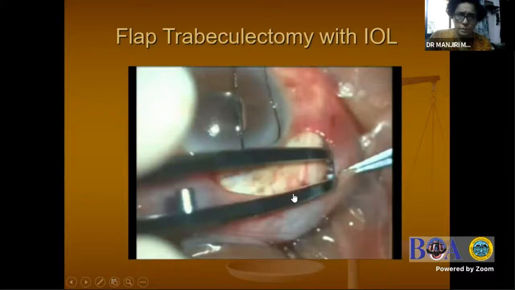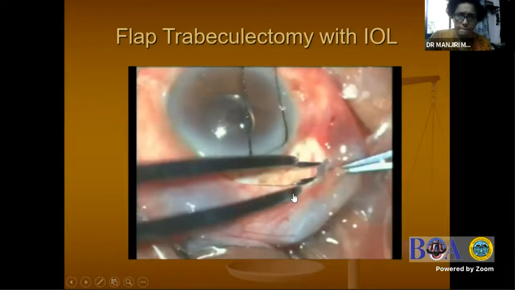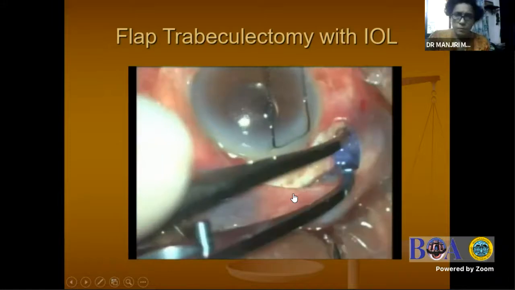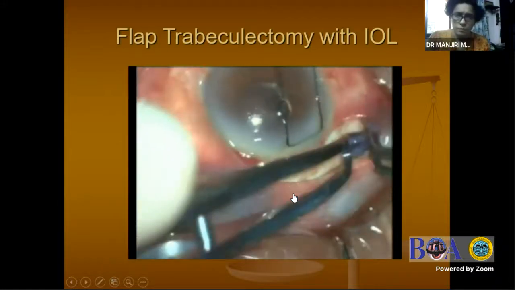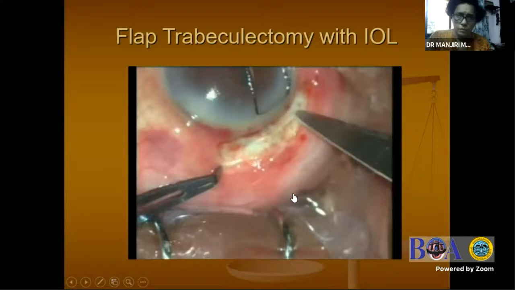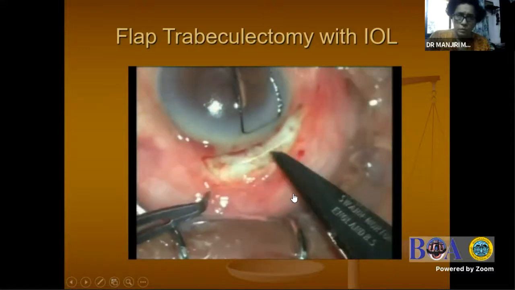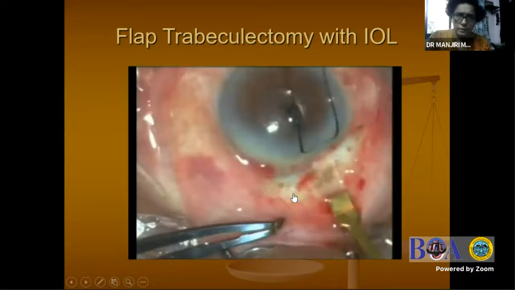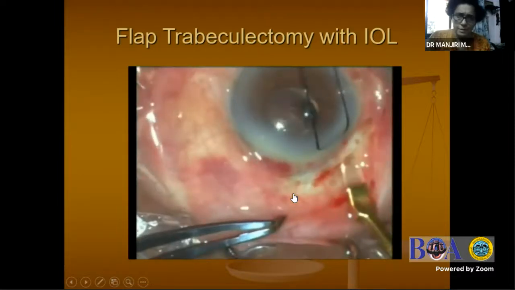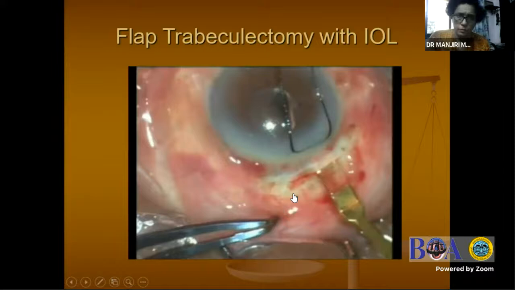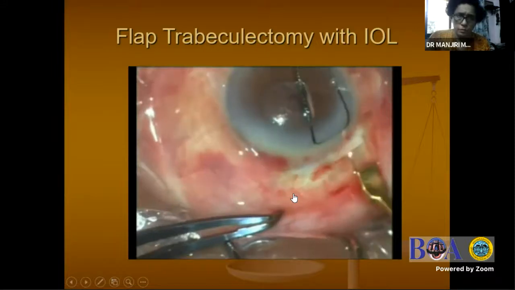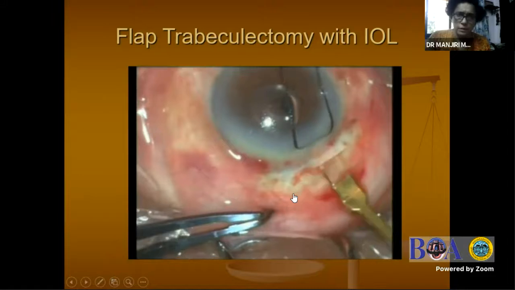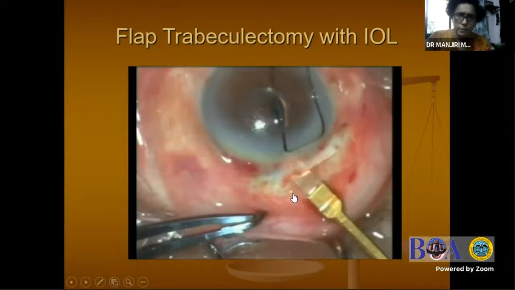Mitomycin C is applied. Then this is a scleral tunnel, the way you take it for SICS. No vertical cuts are taken in this type of flap trabeculectomy.